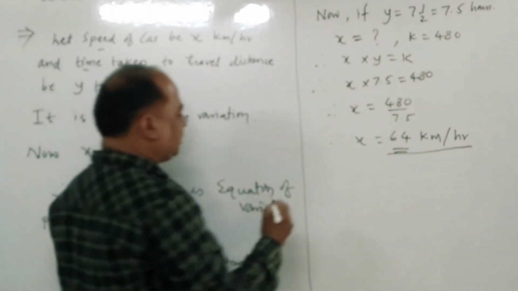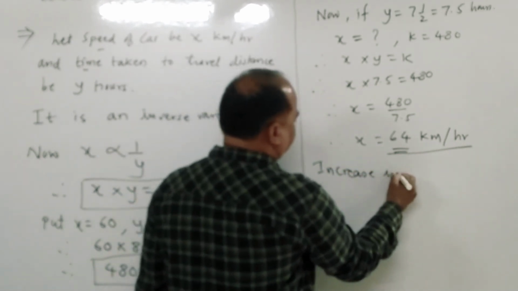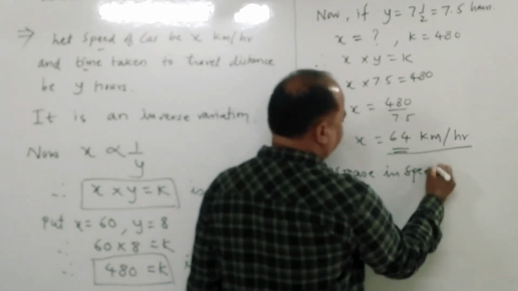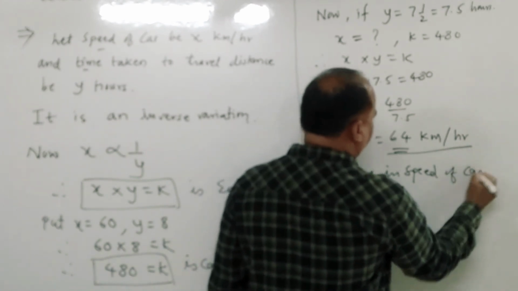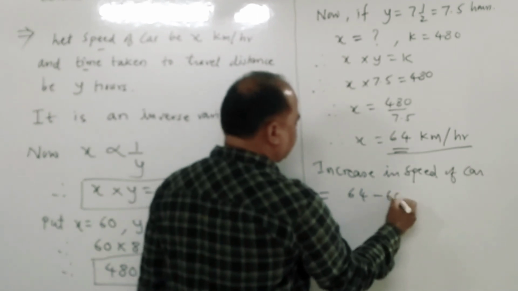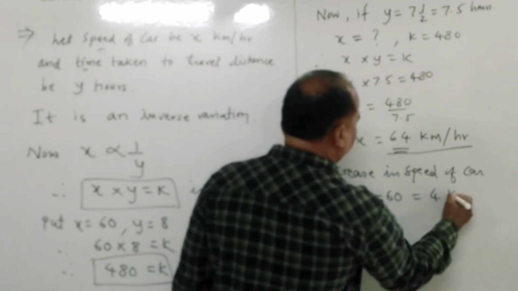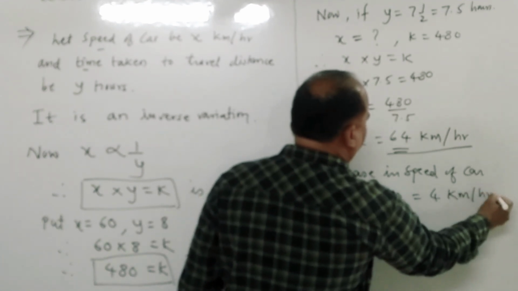Now, here there is an increase in the speed. Increase in speed of the car is equal to 64 minus the previous speed of 60, which is equal to 4 km per hour.